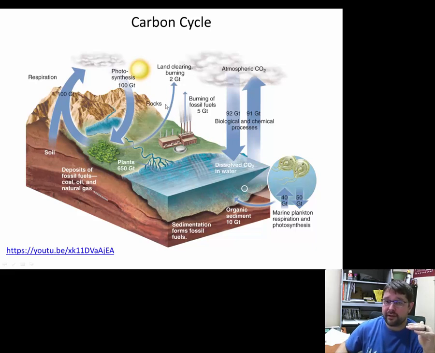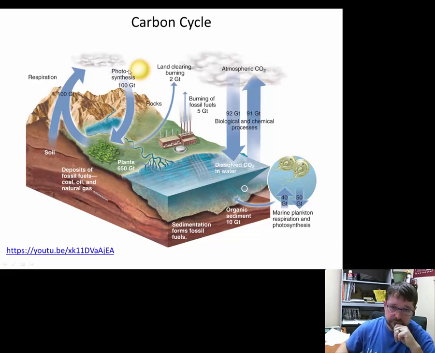In actuality, all living things are mainly carbon. So when we talk about carbohydrates, proteins, nucleic acids, lipids, carbon is the main element in every one of those molecules that build up living tissue. So it's very, very important.